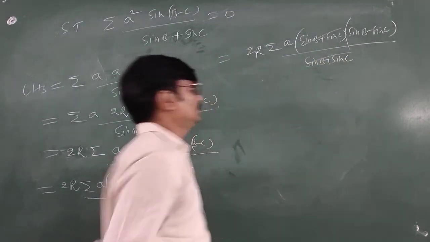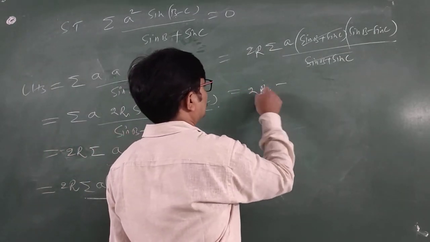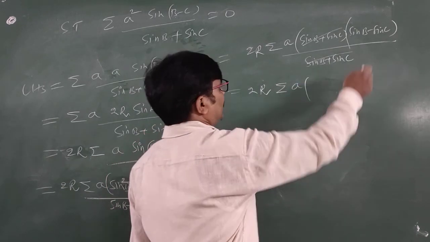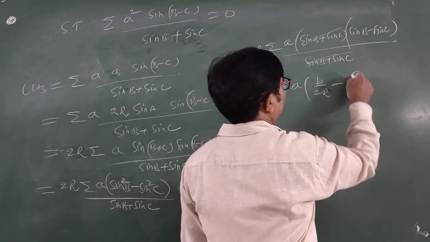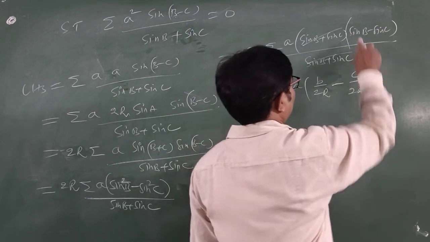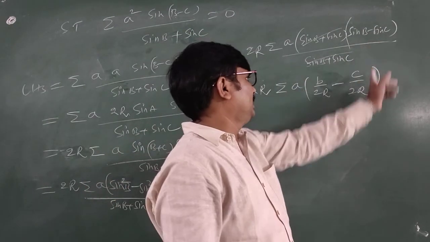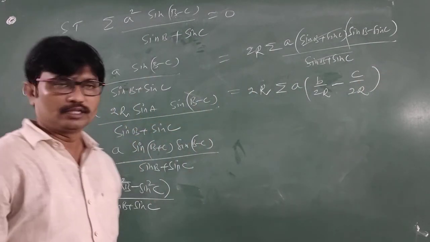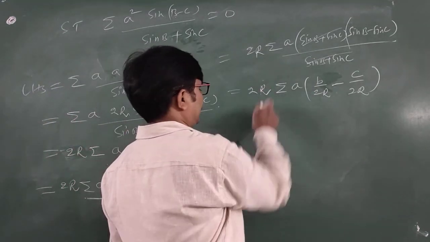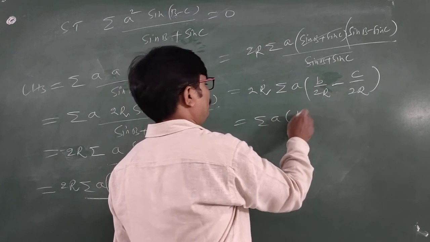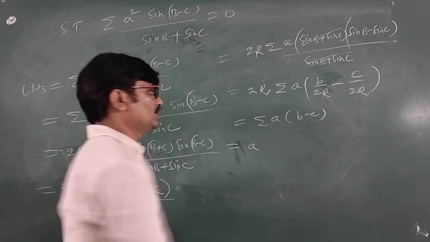These two are cancelled. Now, students, 2R sigma: from the sine rule, sin B is b by 2R and sin C is c by 2R. So, students, we take the LCM as 2R, and 2R cancels, leaving a into b minus c. Now remove the sigma.